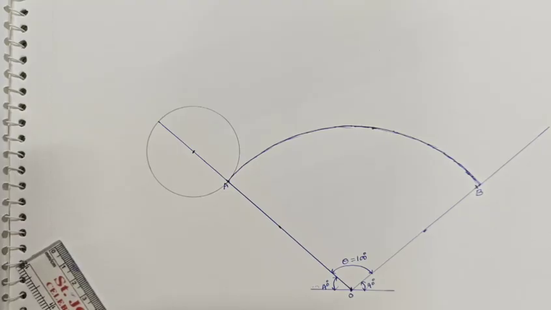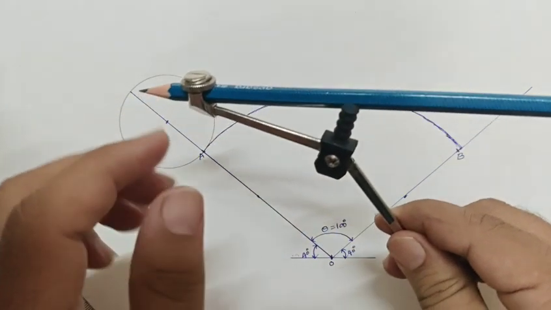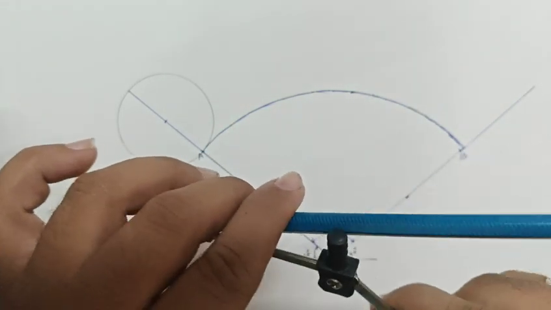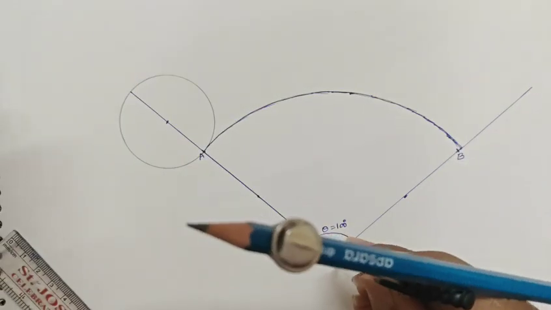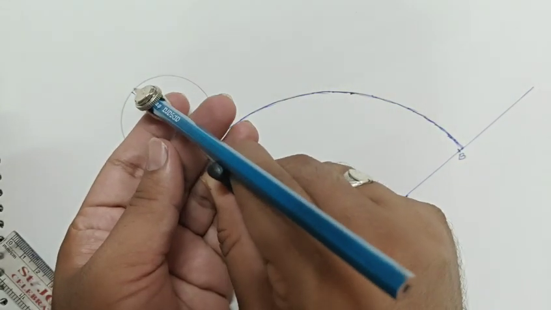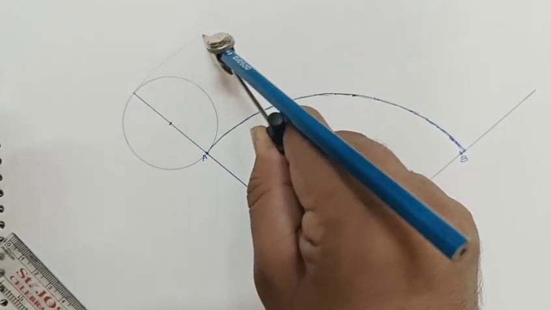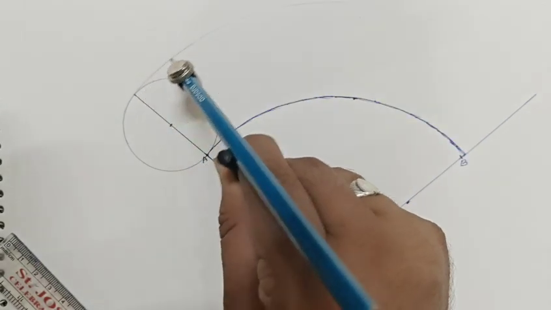Okay, so just you need to enlarge this compass. You need to measure up to this top end. Okay, and draw the arc.